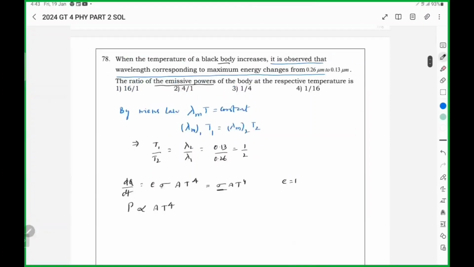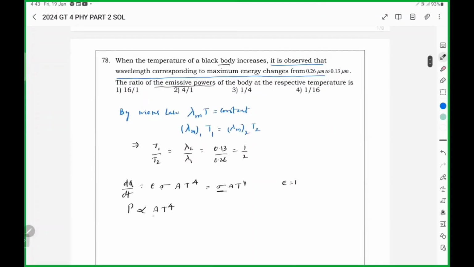Since it is the same body at different temperatures, the surface area will be the same. So P1 by P2 is T1 power 4 by T2 power 4, that is 2 power 4. So P1 by P2 will be 1 by 6.